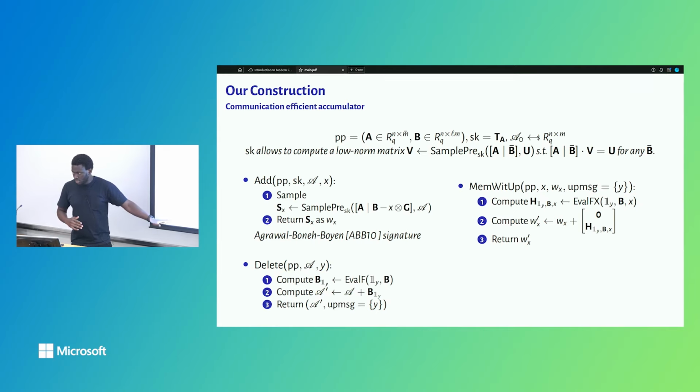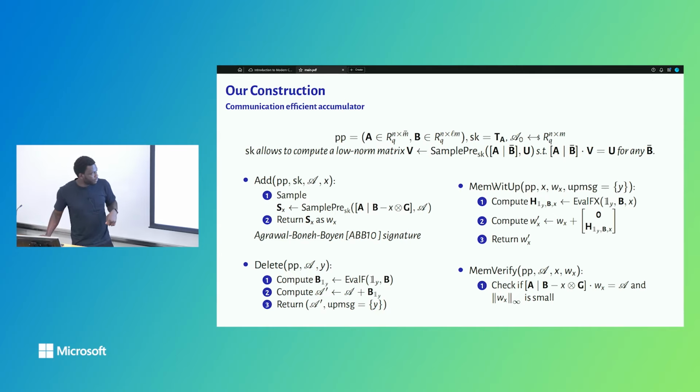And that's going to be the updated witness. And to verify, it's just going to be verification from the Agrawal-Boneh-Boyen signature, where you will check that A concatenated with B minus X tensor G times W_X gives you the accumulator value, and then you also check that the norm of W_X is small.